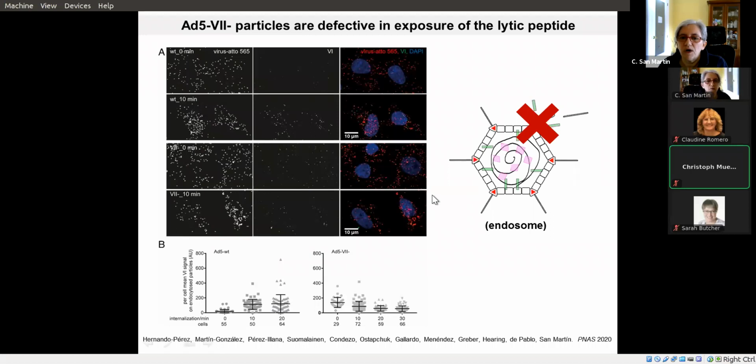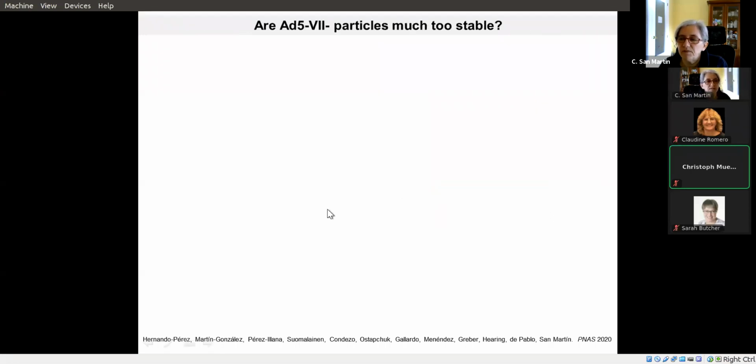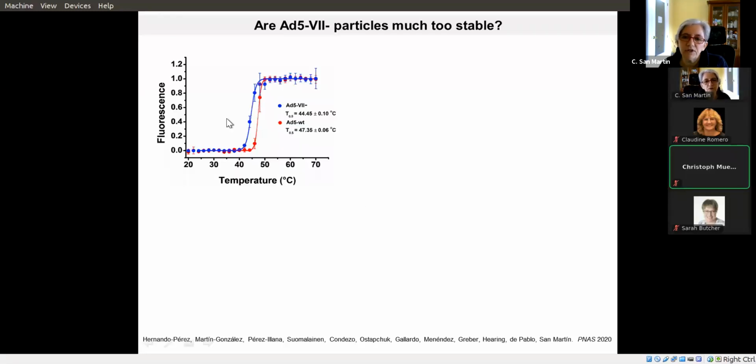Then we thought, okay, so why is the lytic peptide not released? Maybe the 7- particles are much too stable, as I told you before, for the immature adenovirus particle. So we looked at particle stability using extrinsic fluorescence, looking at what temperature we need to use to make the genome exposed to the solvent.